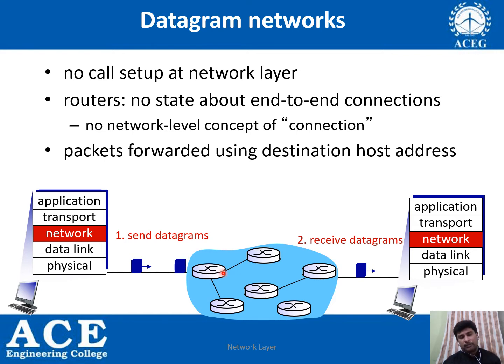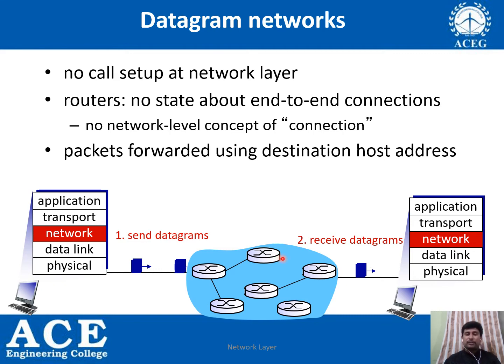Now how do we forward these datagrams from source to destination? The datagrams which are to be sent will be received by the routers which are in the path from source to destination, and whenever a router receives a particular datagram, it verifies the destination host address or destination IP address. Then it has a forwarding table based on the destination IP address, and according to that it will forward the datagram to a particular output port which connects to the devices in the path to the destination.